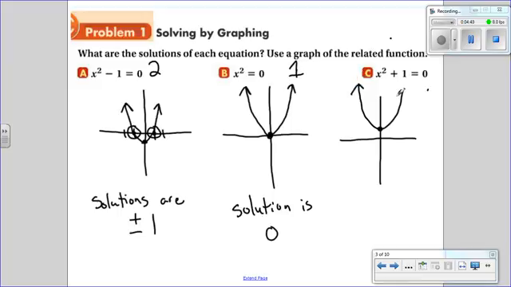And so where does this parabola cross the x-axis? And the answer is nowhere. So there are no solutions. Okay, so that's the difference. You can either have two of them, you can have one of them, or you can have none of them.